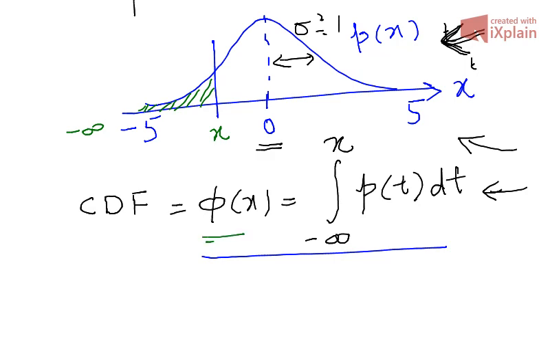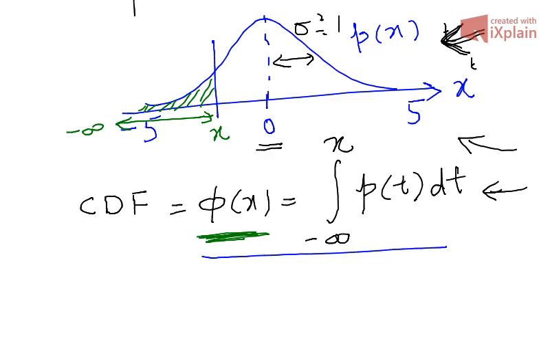This phi of x. So it's actually this area. This is the probability that the random variable x would take some value in this range from -infinity up to x. This is defined by the CDF.